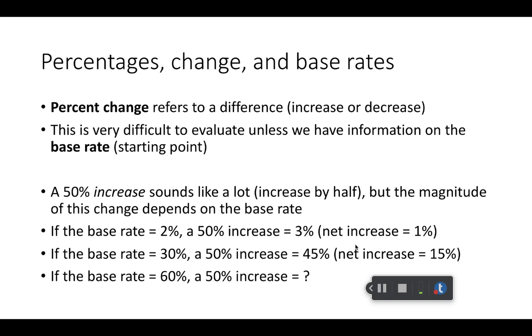If the base rate is 30%, a 50% increase means that we add half of 30%, or a net increase of 15%, and that brings us to 45%. If the base rate is 60%, a 50% increase gets us to what? What's the answer? Well, the answer is 90%.